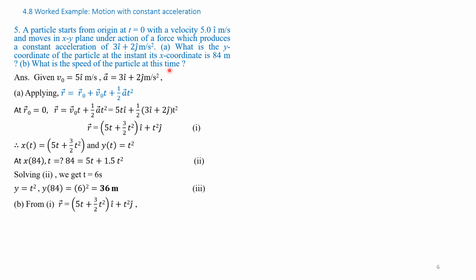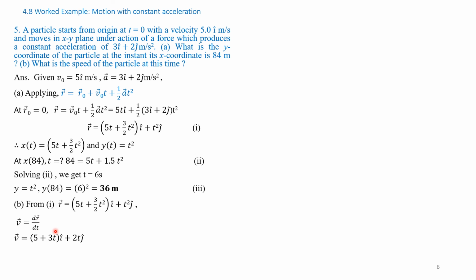Then we will solve part B to find the speed of the particle at this time. From equation 1, we know r is equal to (5t plus 3/2 t square) i plus t square j. So we have to find the velocity. Velocity is the differential of displacement, that is dr by dt.